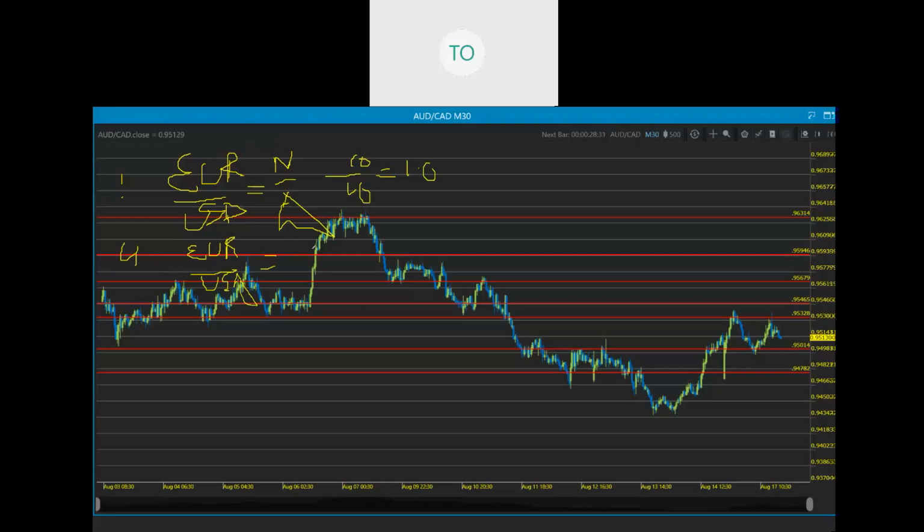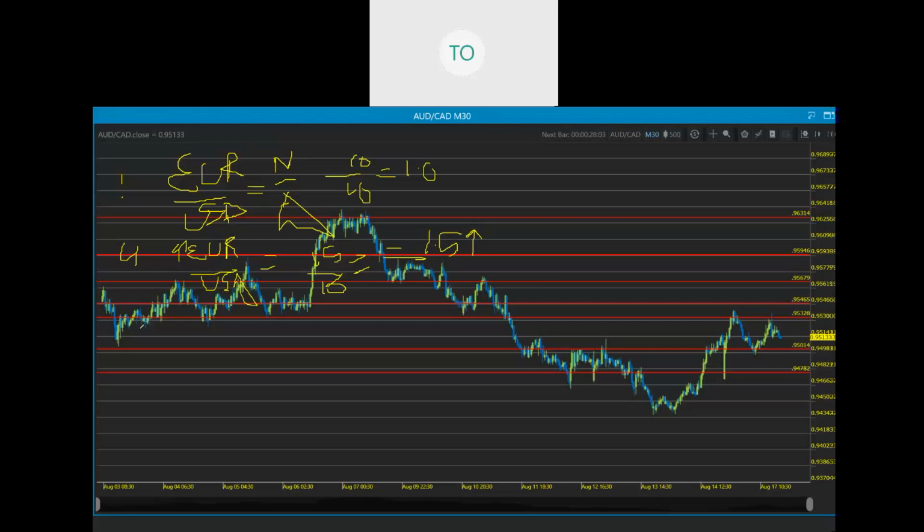So instead of 10 out of 10, we have 15 out of 10. The value of that ratio will be 1.5, and so on. As long as the euro is increasing and the USD is constant, these ratios will keep increasing.